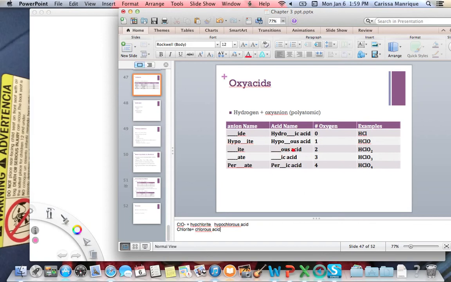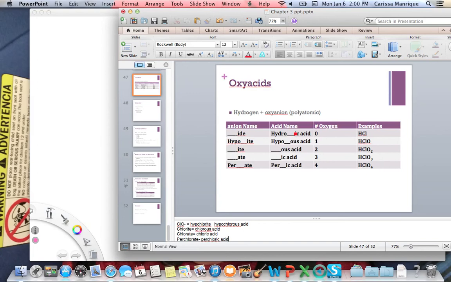Then ClO3 is on our chart as chlorate, and now becomes chloric acid. You see that ate becomes ic acid. And HClO4 was perchlorate, but now it's perchloric acid.